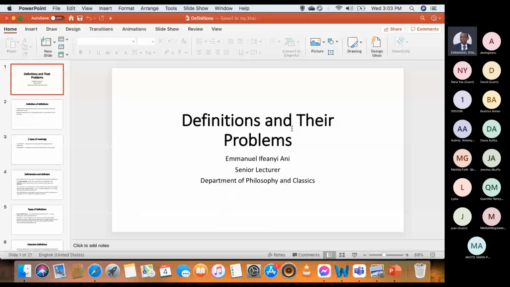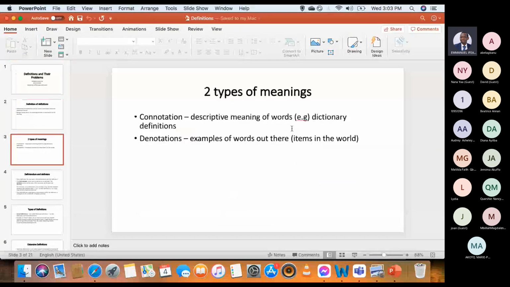And for the definitions, we saw different types. But there was something we did in the definitions which was not very prominent, so I'll just use this opportunity to highlight it again. At the beginning of our treatment of definitions, we talked about two kinds of meanings, connotation and denotation.